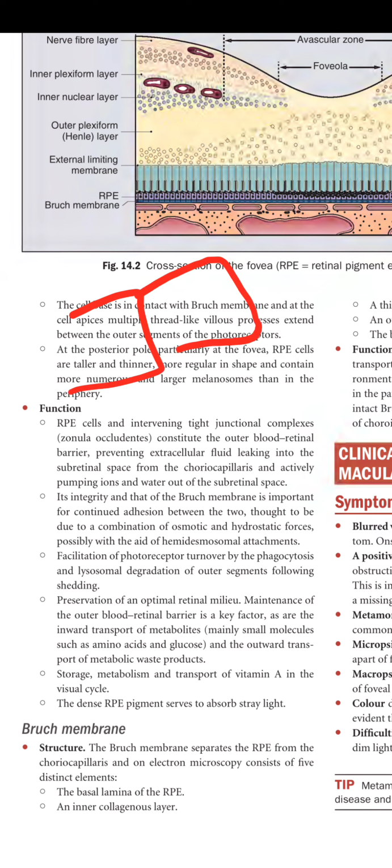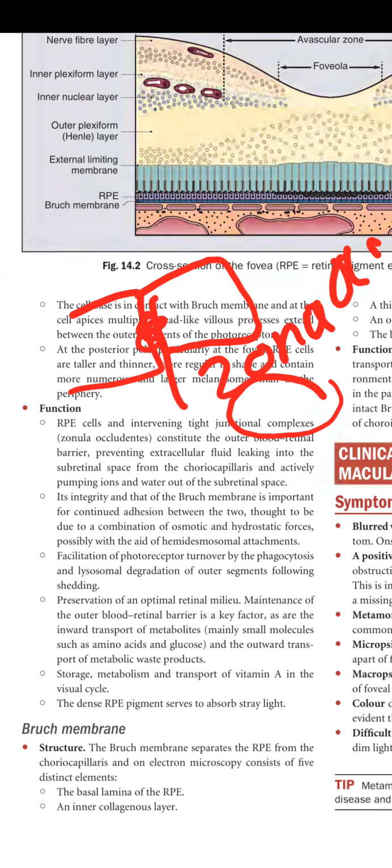Between the RPE cells there is a tight junction, known as zonula occludens, and it constitutes the outer blood-retinal barrier. Its function is to prevent leakage into the subretinal space from the choriocapillaris, and it pumps ions and water out of the subretinal space.